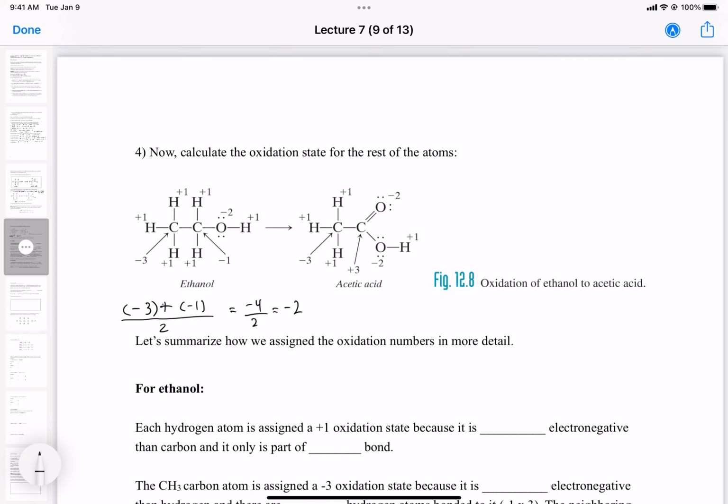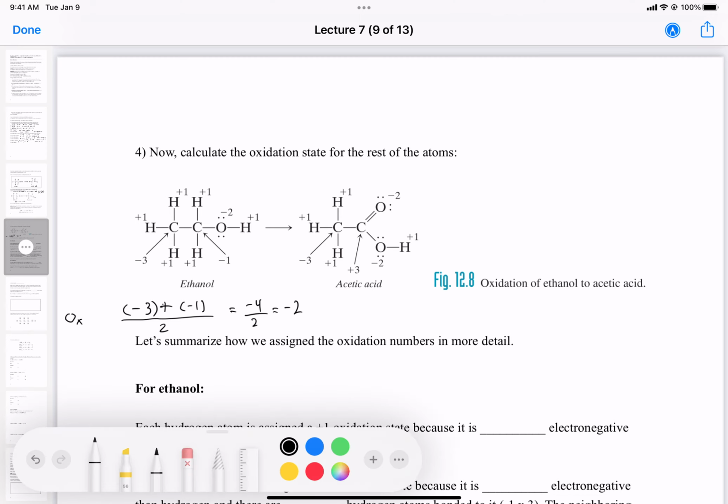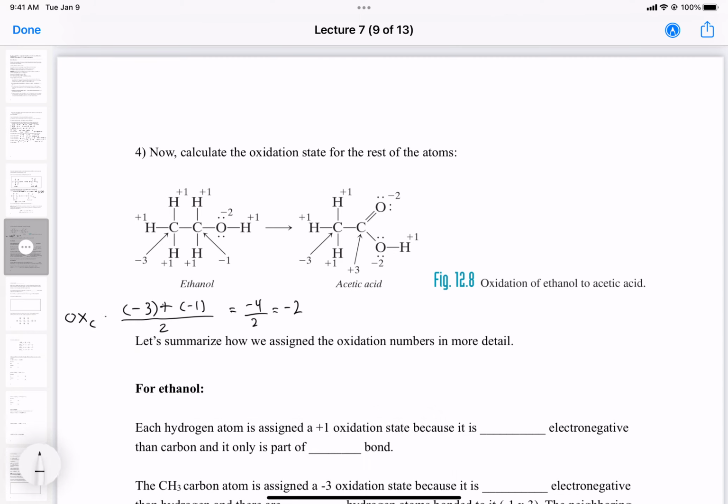So we'll have an average oxidation state for carbon. And then for acetic acid, it'll be -3 plus 3 over 2, which gives an average of 0.